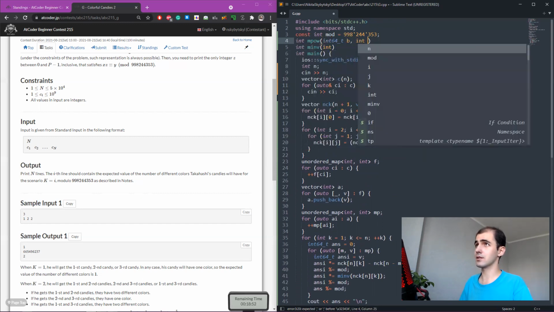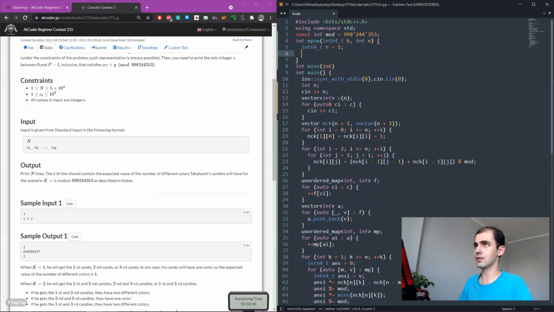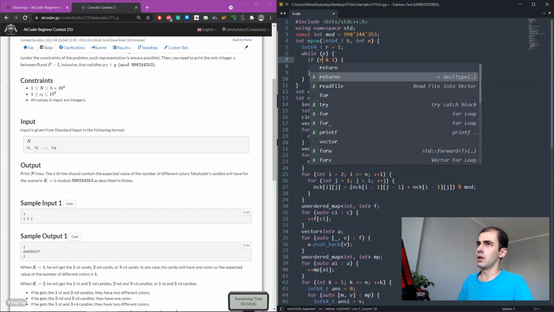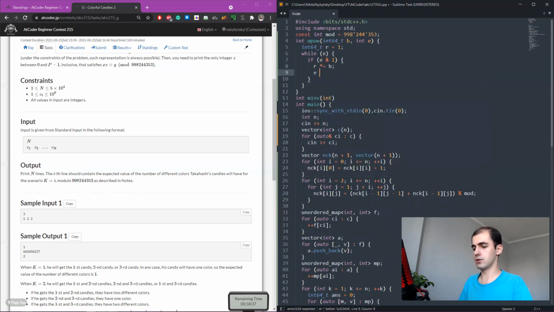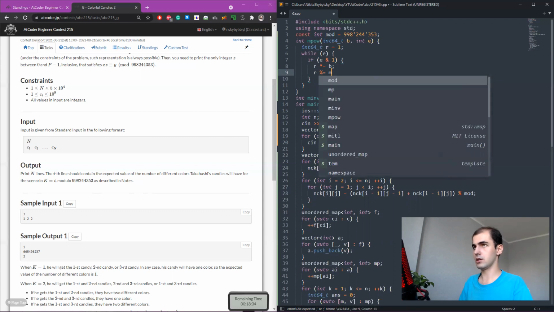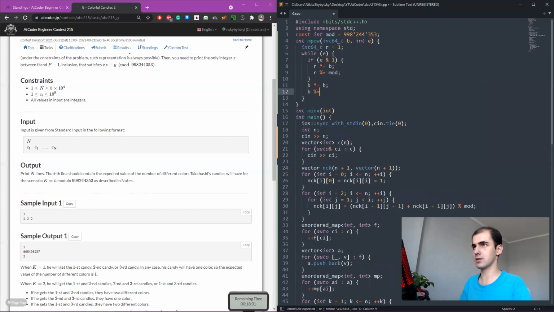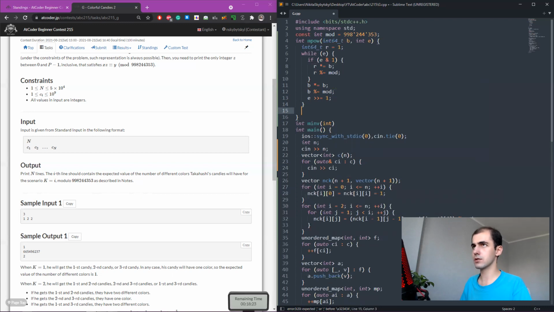Say base, exponent, result. While exponent, if the exponent is odd, return gets multiplied by b, return gets modded. Base always gets multiplied by base, always gets modded, and the exponent gets shifted to the right by one.